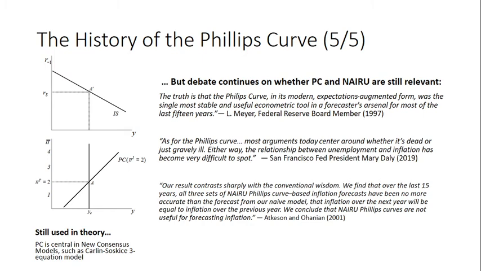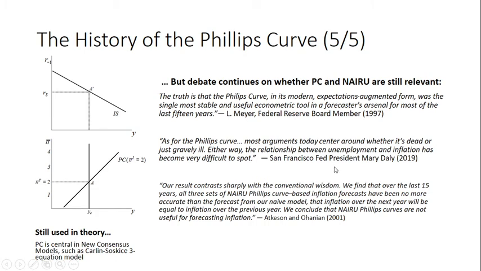The first one is from a board member of the Federal Reserve, speaking in 1997, who says that the Phillips curve in its modern expectations-augmented form, the Friedman form, was the most stable and useful econometric tool in a forecaster's arsenal for most of the last 15 years.